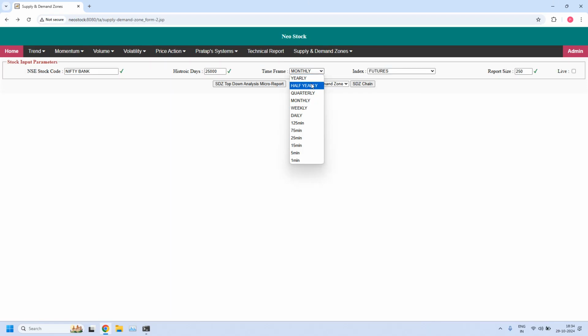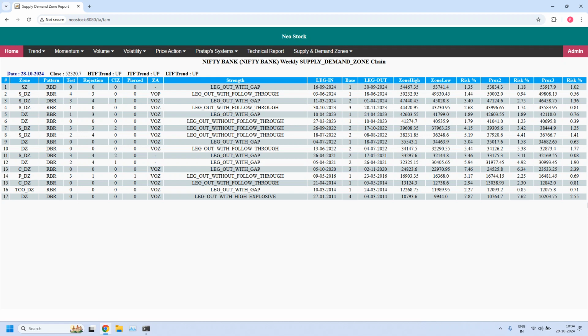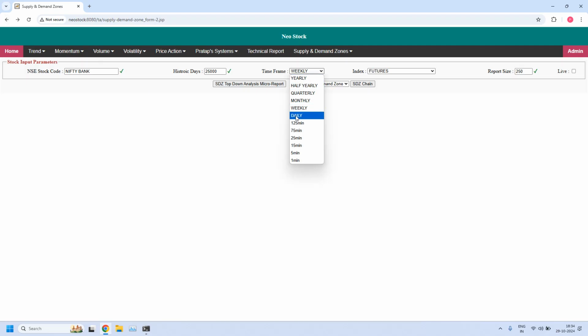Next time frame is weekly, generating the weekly supply demand zone chain for Bank Nifty. Next time frame is daily, generating the daily supply demand zone chain for Bank Nifty.